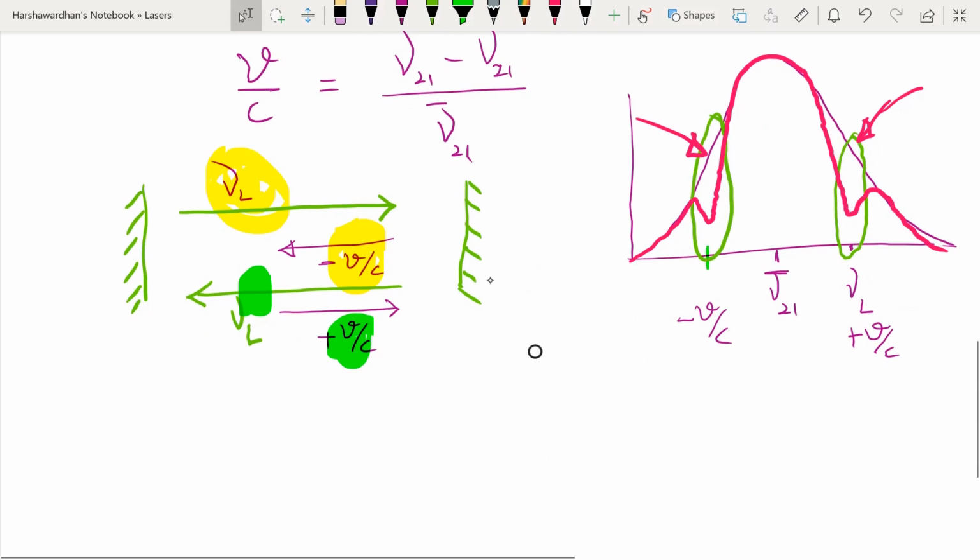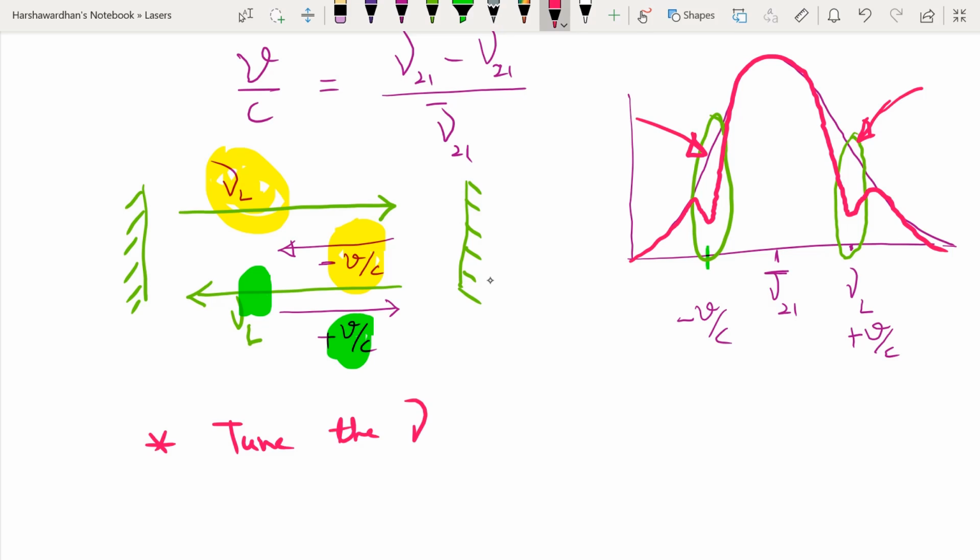So now as you tune your laser, the next step is, let's say I tune the laser radiation. How do you tune the laser radiation? By changing essentially the length of the cavity, because you know that the length of the cavity specifies the frequency that is supported.